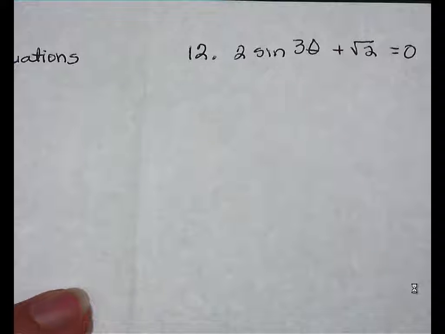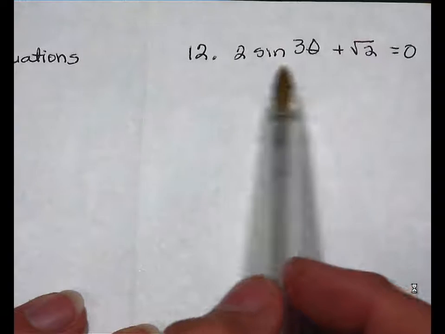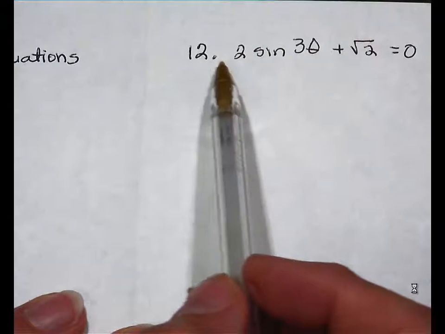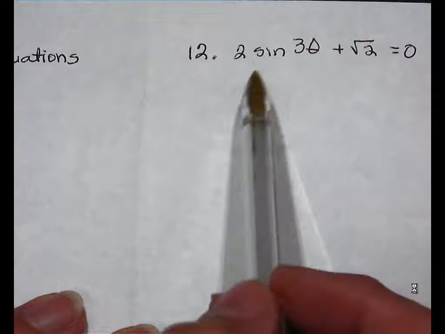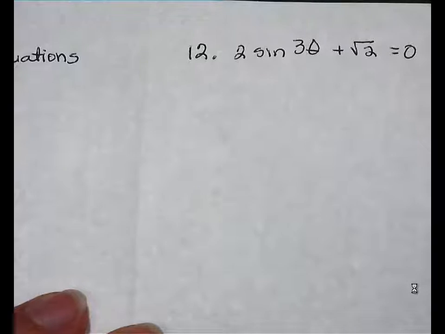I can't squint hard enough to tell you an angle that if I tripled it and took the sine and then doubled that, and then added the square root of 2, I'd get 0. I can't do that in my head. But if we just call this ugly, I know how to solve 2 ugly plus square root of 2 equals 0. How would I get the ugly by itself? Subtract square root of 2 and divide by 2.